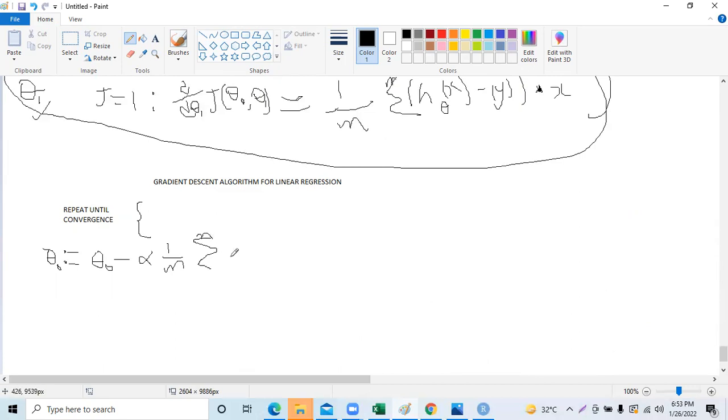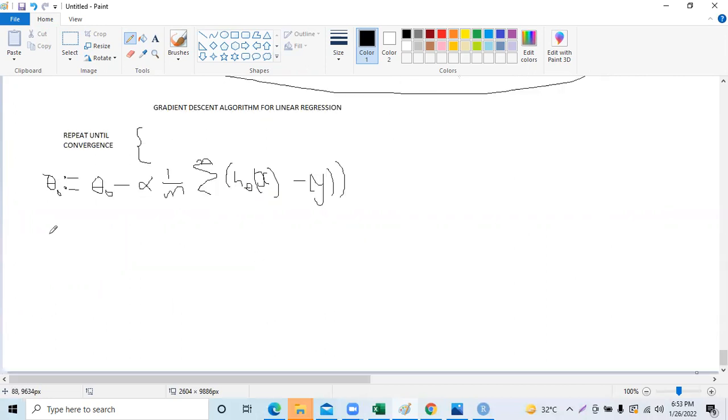We have m here of h of x, the bracket is x minus y, the bracket is y, right? Then we have theta 1 into the former value of theta 1 minus learning rate alpha into 1 over m.